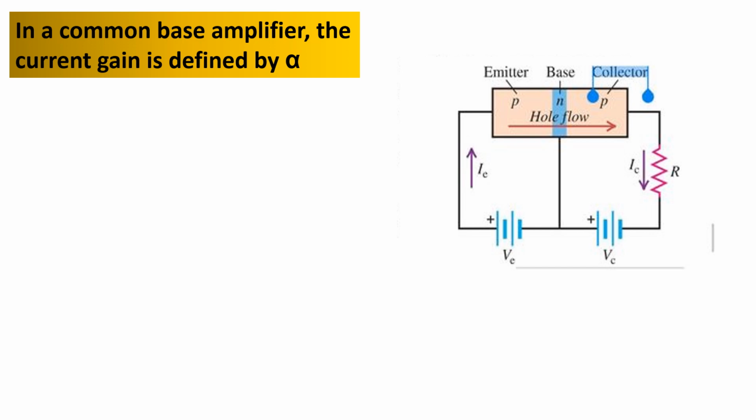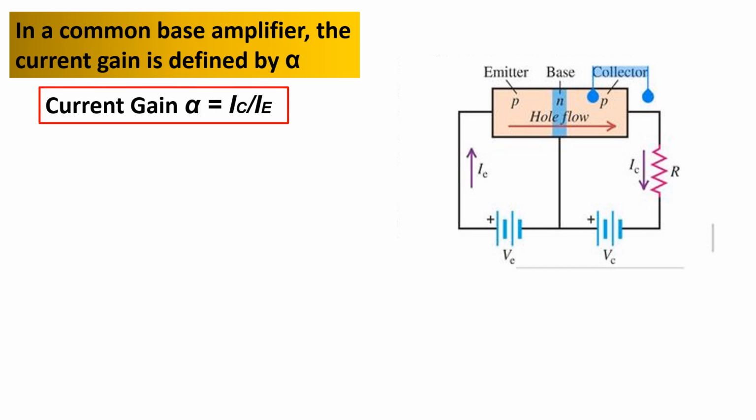But unlike the previous type of amplifier, the common emitter, this time when you talk about the current gain, it is the collector current that is to be divided by the emitter current. Okay, so the emitter current, the one that is produced in the base emitter junction, labeled here as I sub E for emitter, right?